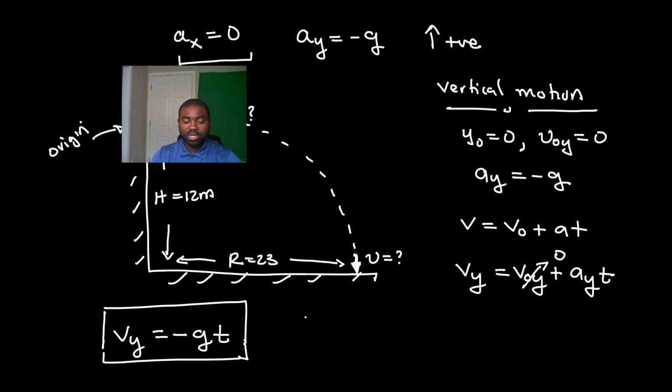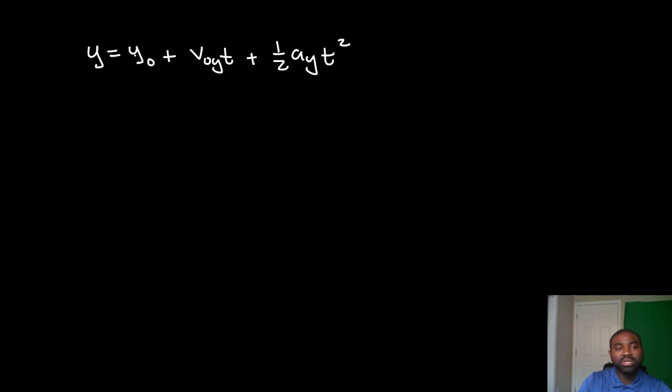Now, similarly, we know that generally y is equal to y naught plus voyt plus 1/2 ayt squared. Now, initially the particle is at the origin, so that makes y naught 0. The initial velocity in the y direction is 0. Remember that we are taking the upward direction to be positive, and since the particle is moving downwards, y is negative.